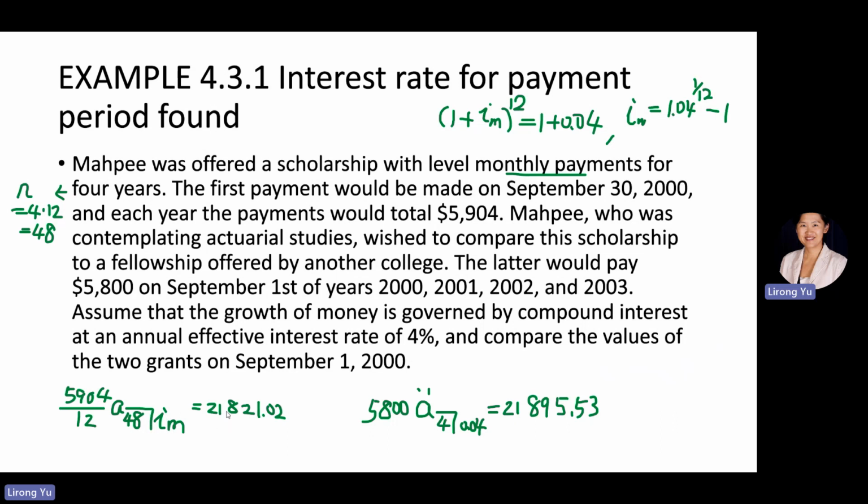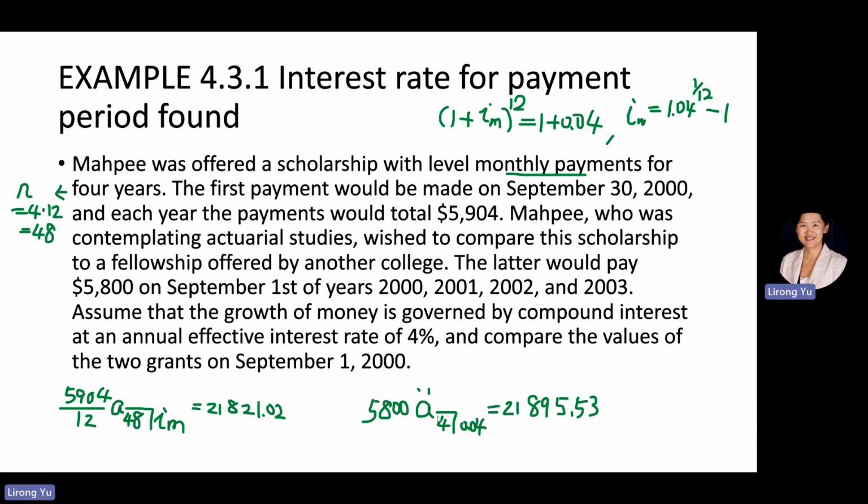That comes out as a present value of 21,821.02. The second fellowship is paying annually 5,800. There are 4 payments because there are 4 different years, and the interest rate is 4%.